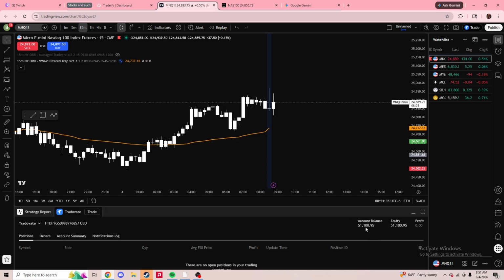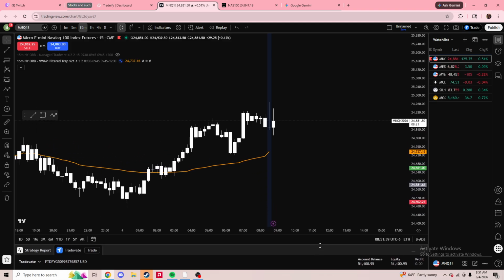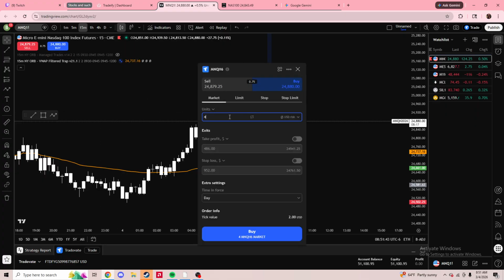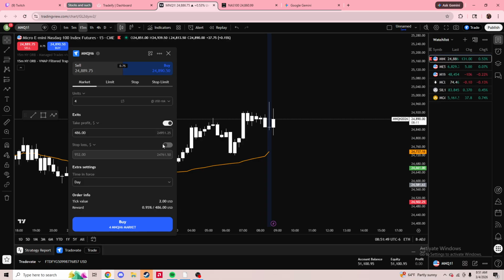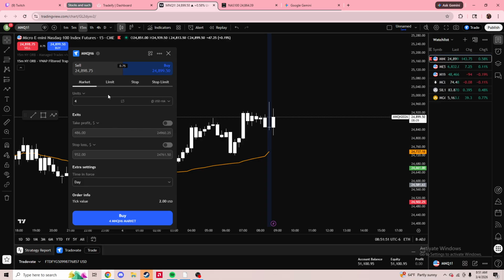So really the 50,000 is just what allows me to get better contracts. As you scale up the units, which are contracts, you can make more for less movement.